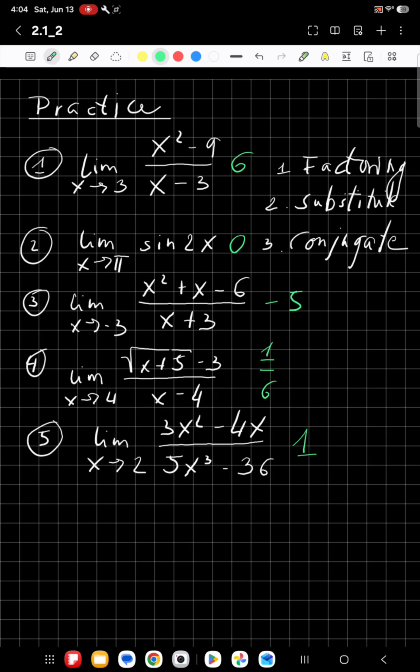All right. So I want to show you a couple more examples, maybe examples where the limit doesn't exist. So example number 4. Okay, so again, find the limit.